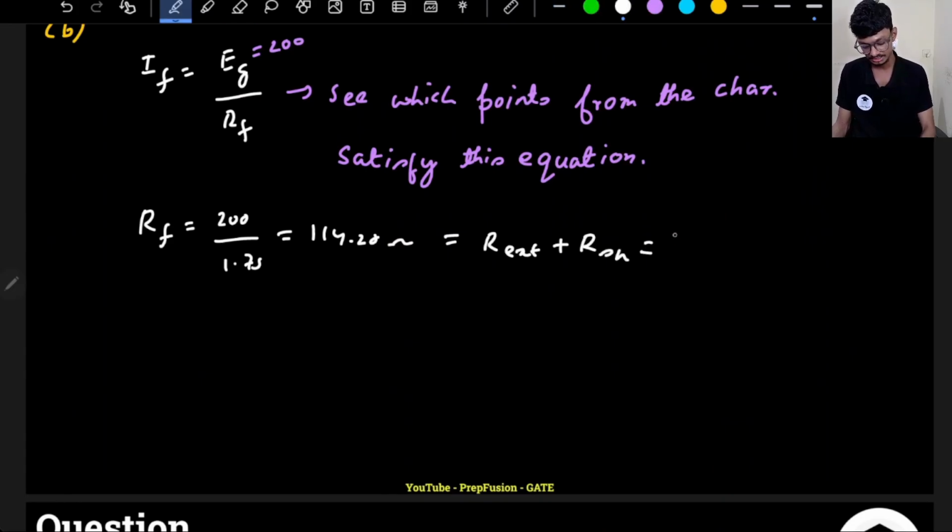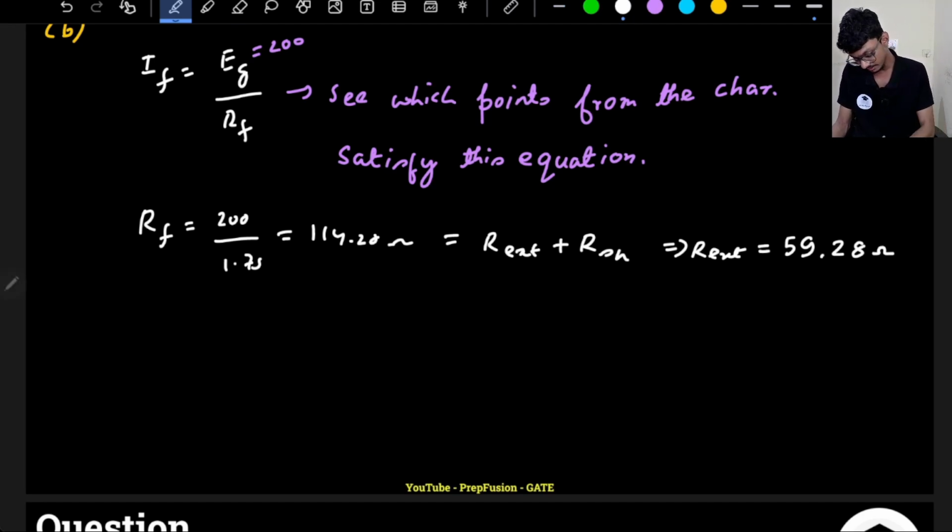So the external resistance will be 114 minus 55, so this value will be 59.28 ohms.